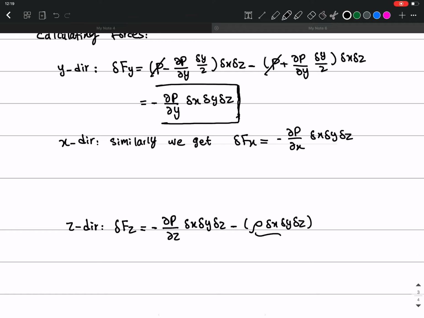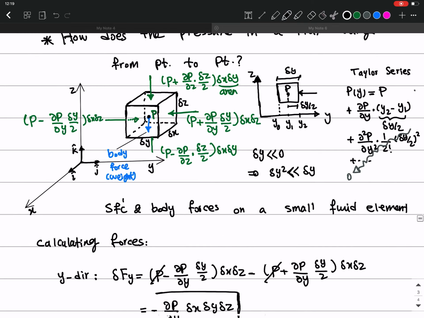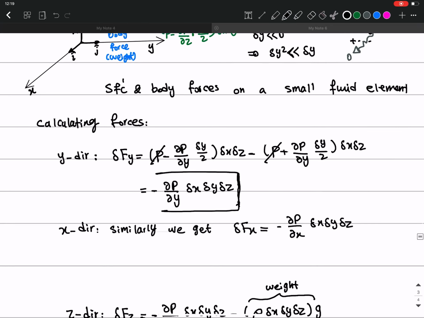So this is mass, and this is g. So this is going to be the weight of the fluid element, right? So this is going to be the sum of the forces for this fluid element, okay, in these different directions.